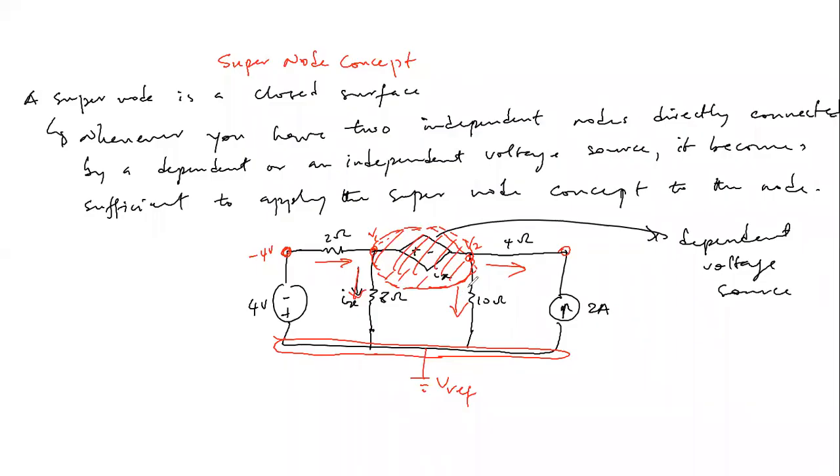So in this case, we have IS as the dependent voltage source.